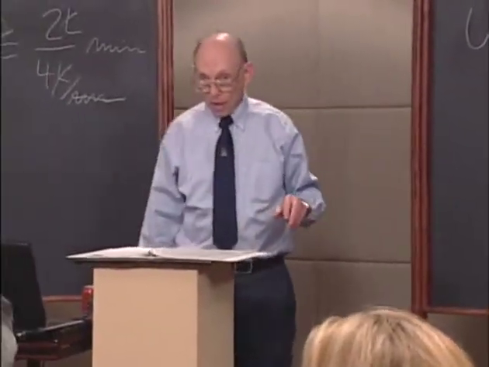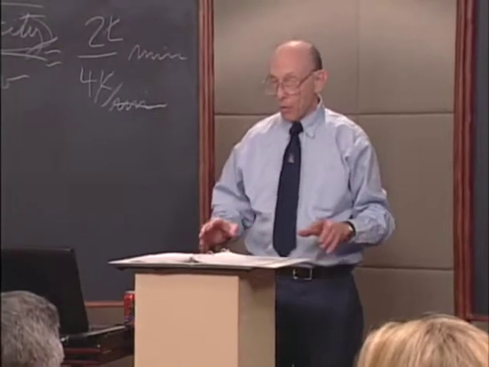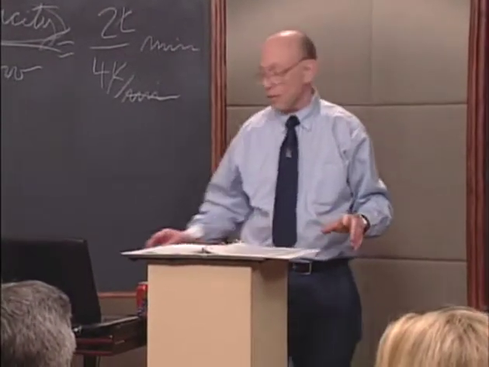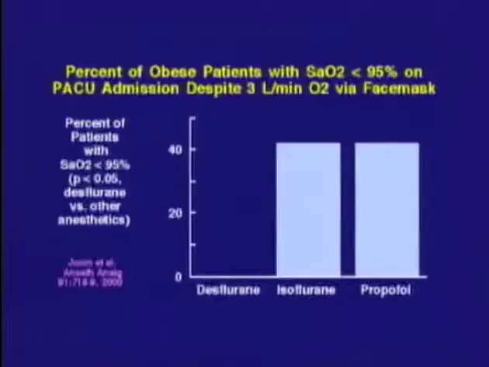A more rapid recovery, as we said earlier, may be important for several reasons, one of which is safety. And that's illustrated in Juvin's study in terms of the saturation that the patients had, saturations being divided between those that were above 95% and those that were below 95%.